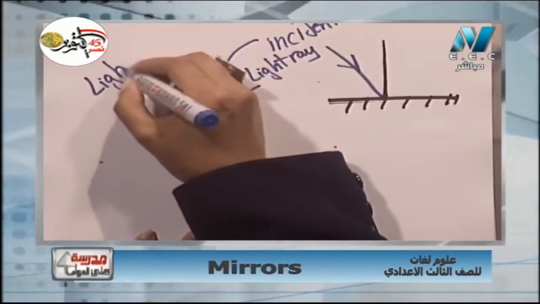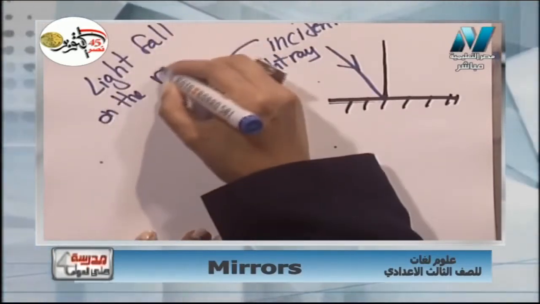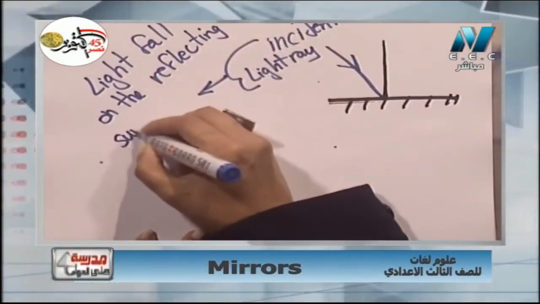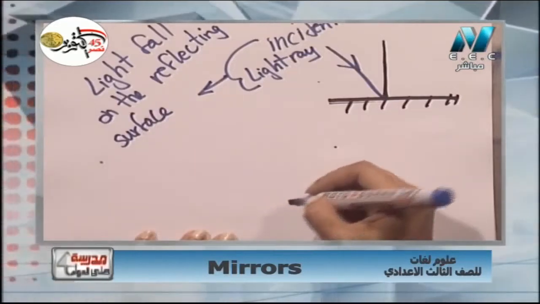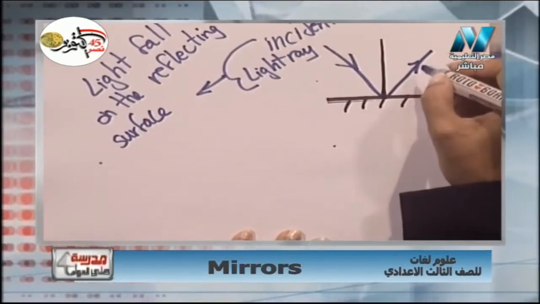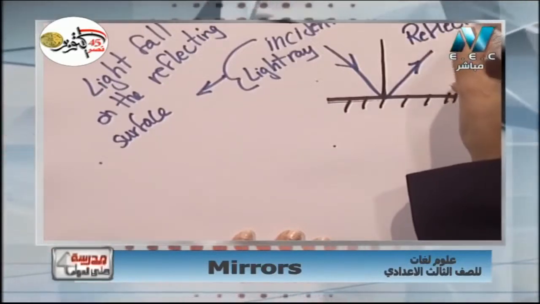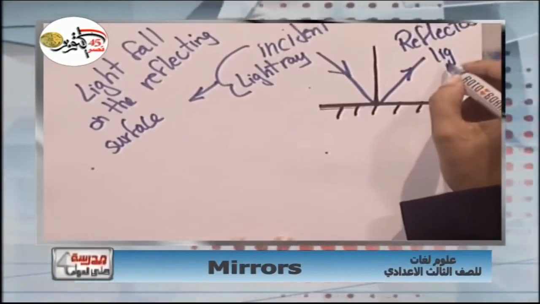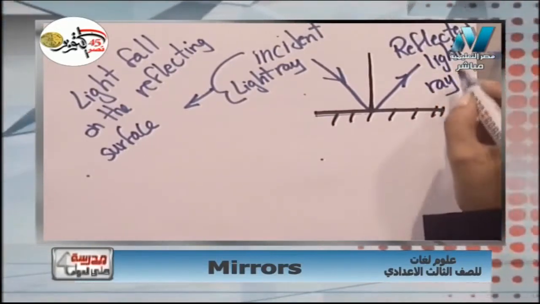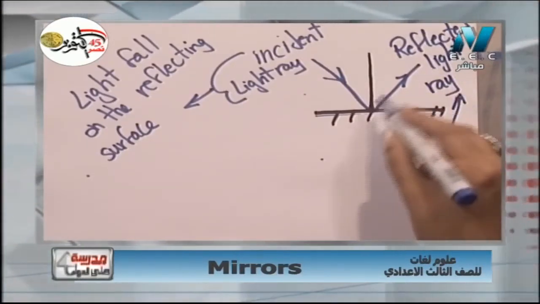Light that falls on the reflecting surface. So it hits the mirror and returns back. This light, we call it reflected light ray. What's the reflected light ray? The light which reflects from the surface.